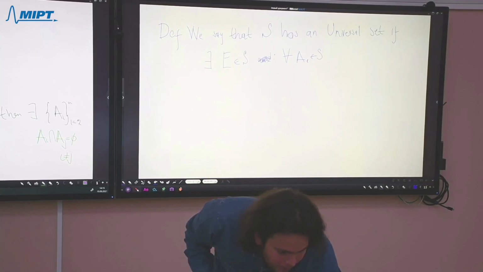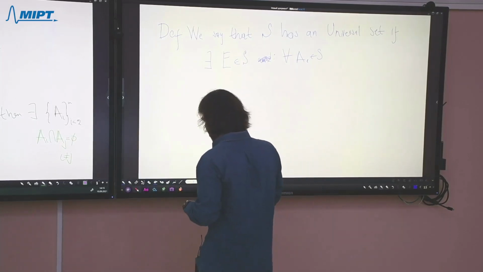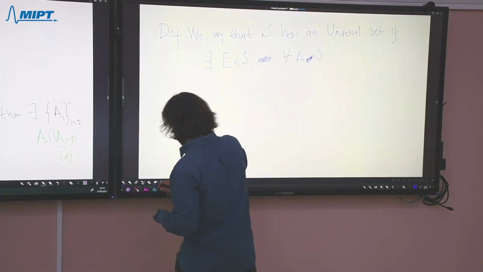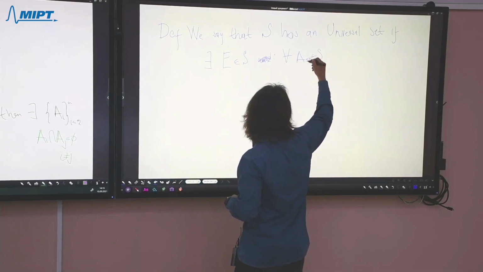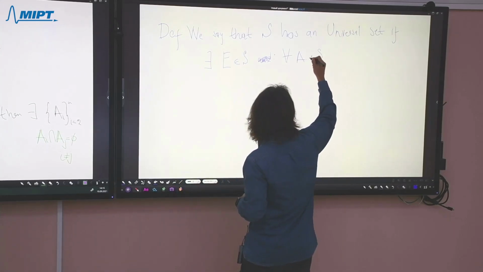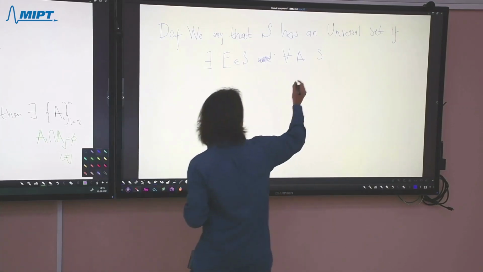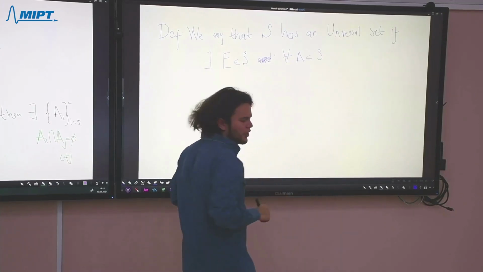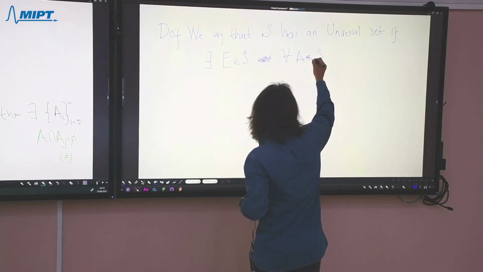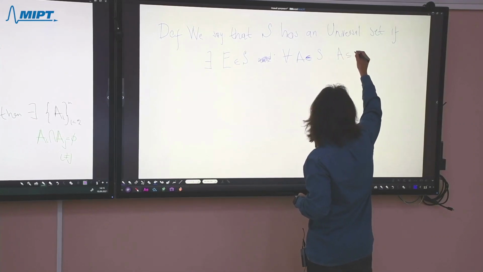So for every element A of S, we have that A is a subset of E, right?